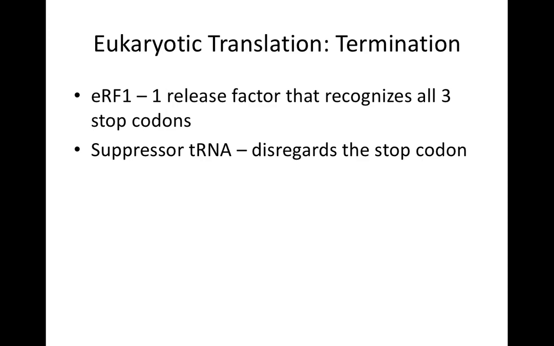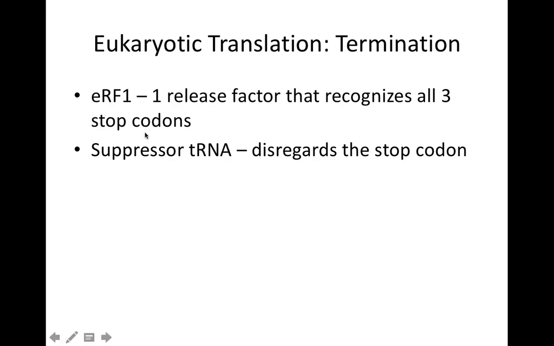So you need 2 release factors to recognize all 3 stop codons, whereas in eukaryotes, you only need 1. And so eventually, this will facilitate the release of our polypeptide chain.